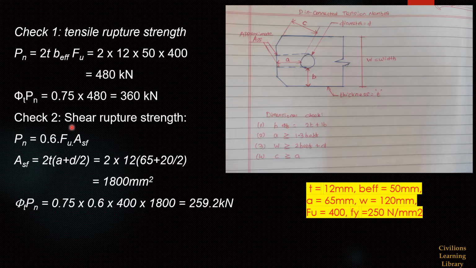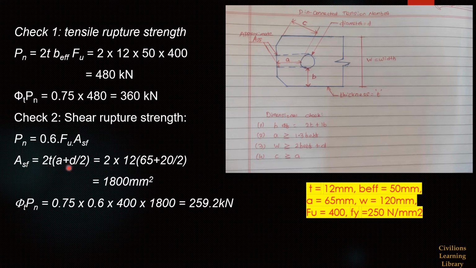Then we have to do the same thing for shear rupture strength. To find the shear rupture strength, the formula is 0.6 Fu into Asf. Fu is the ultimate strength. Asf is the approximate area of this particular portion. We can use the formula to calculate this Asf, that is 2t into A plus D by 2.